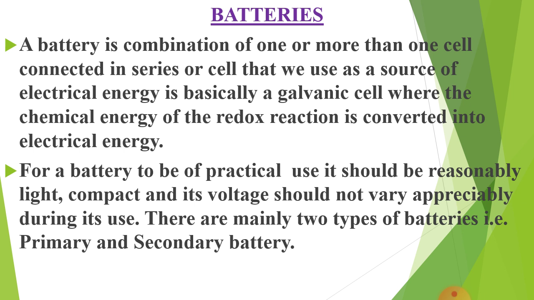That is, a battery should be light in weight, small in size, not big in size, and voltage should not vary during its use. There are mainly two types of batteries, that is primary battery and secondary battery.